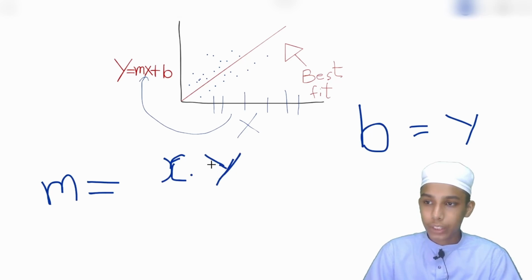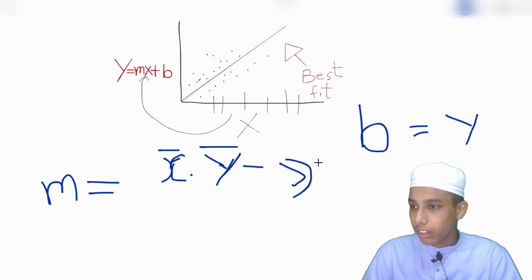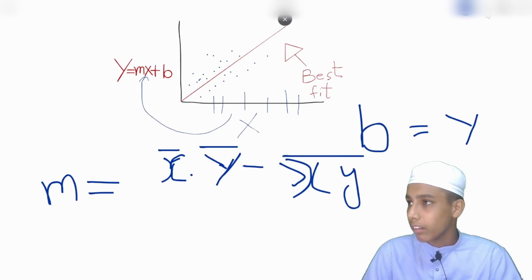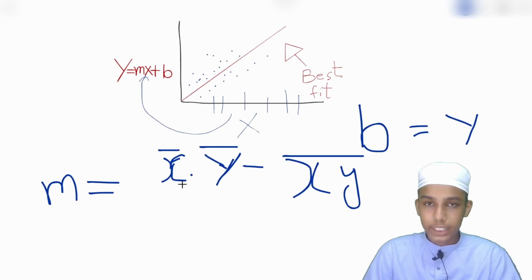These are the means: x mean into y mean, and now I'm going to subtract the mean of x times y. So I have done this: m equals x mean times y mean minus the mean of x y.